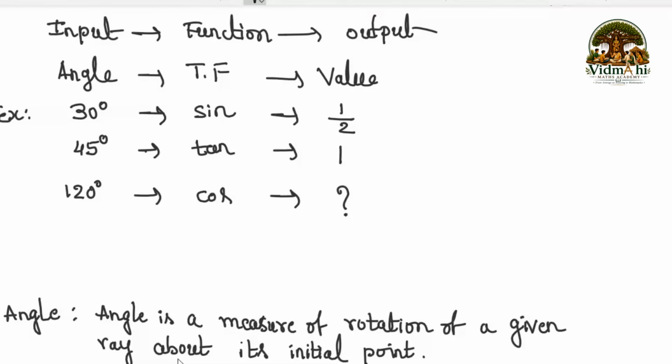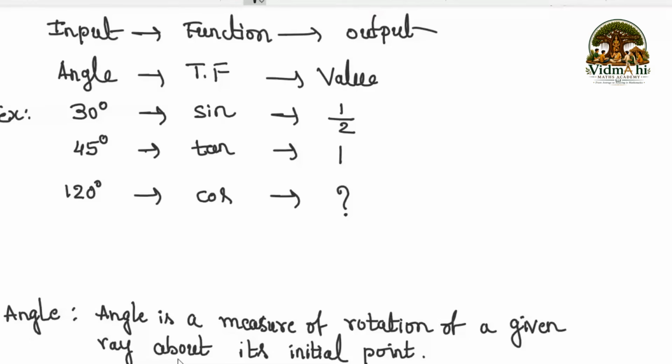Now, before we study trigonometric functions, we should first know how an angle is measured. We all know length is measured in meter, correct, and weight in kilogram. But how do you measure angles?